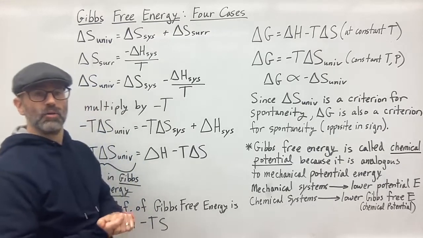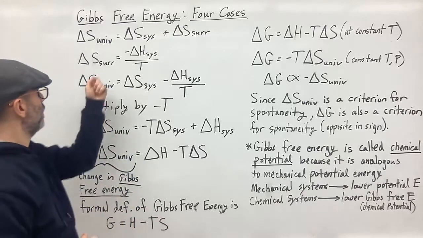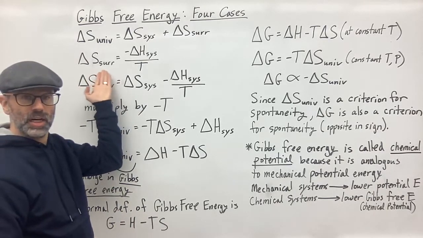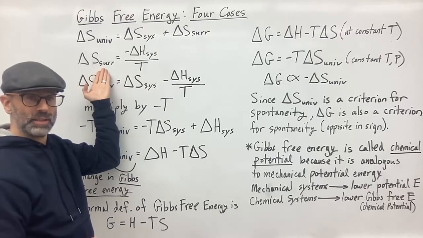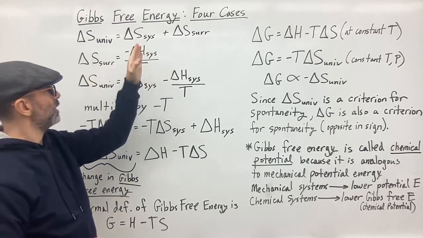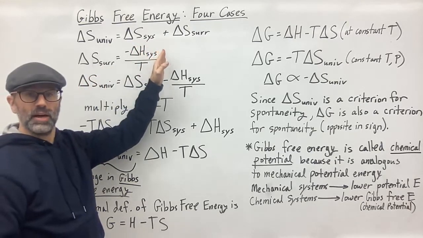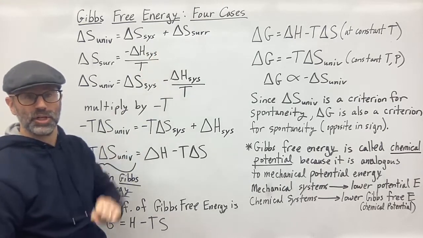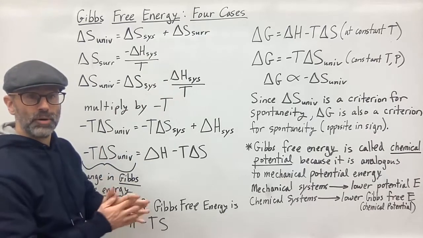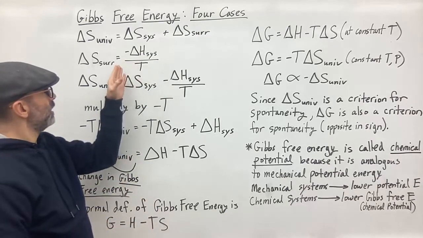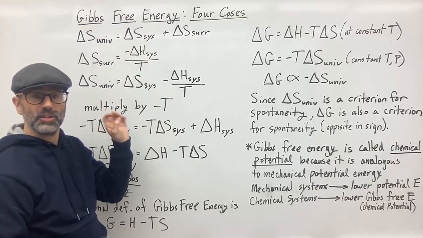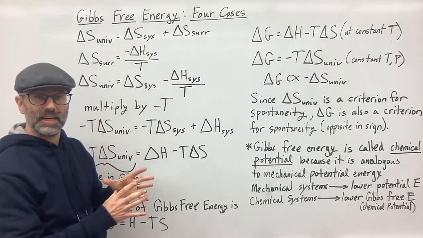So let's also remind ourselves, from my earlier video, that the change in entropy of the surroundings is equal to the negative of the enthalpy change of the system divided by the temperature in Kelvin. Remember, there's an exchange of energy of the system.